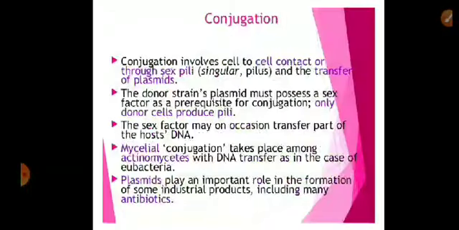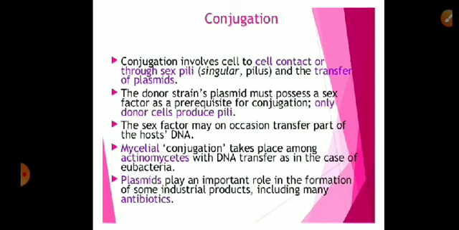Transformation was used to increase protease and amylase enzyme production by Bacillus species, and this method has good industrial application. Coming to conjugation: conjugation is a process of recombination in which there is contact between donor and recipient cell through a pilus, which we call sex pili. It's a hollow tube, and there is transfer of plasmid from donor to recipient.